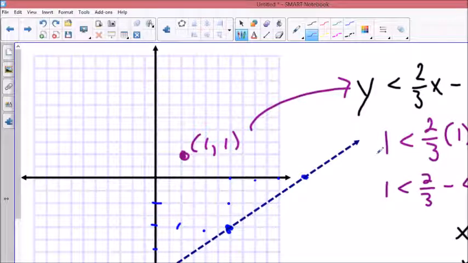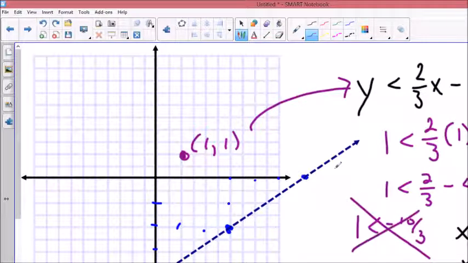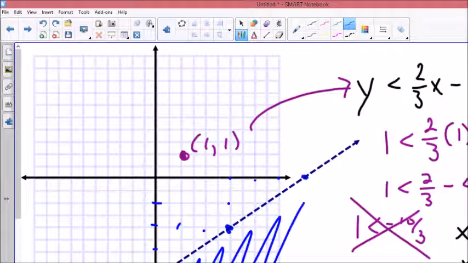Okay, this says 1 is less than something that's negative. 2/3 minus 12/3. Positive 1 is not less than anything that's negative. So if the point 1, 1 does not satisfy that inequality, that means it's the other side of the line where the solution lies.